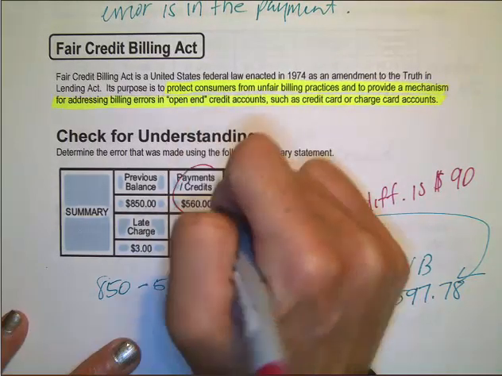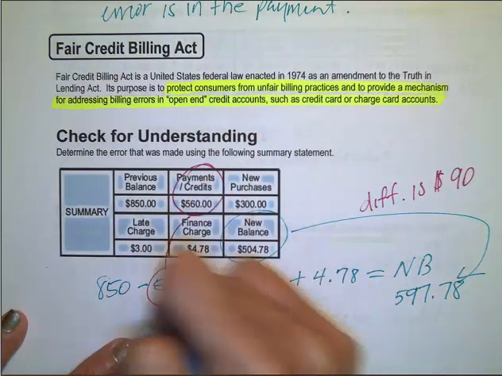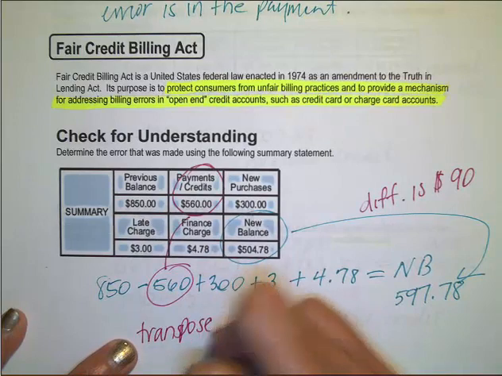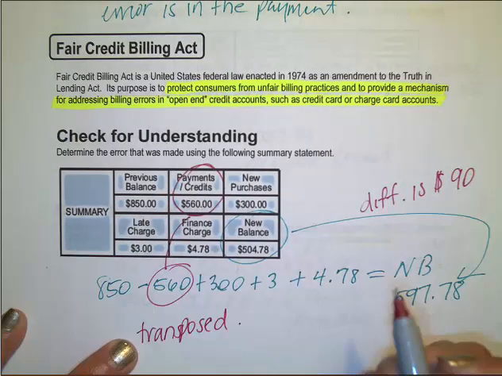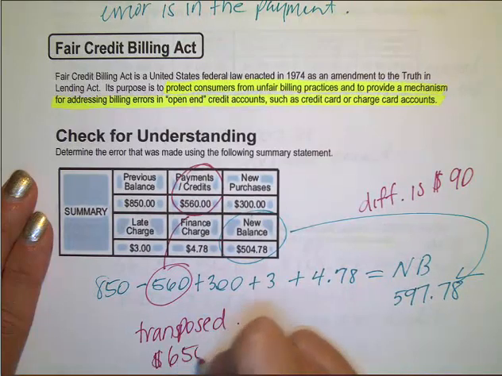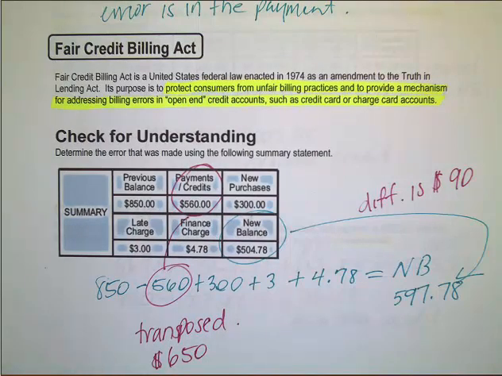So what we're thinking is these numbers have been transposed. So our payments should have been, when somebody put it in the computer, $650 instead of $560. And that could just be a person error, and you just call and they look it up and you're good to go. All right, if you have any questions, please make sure you ask.